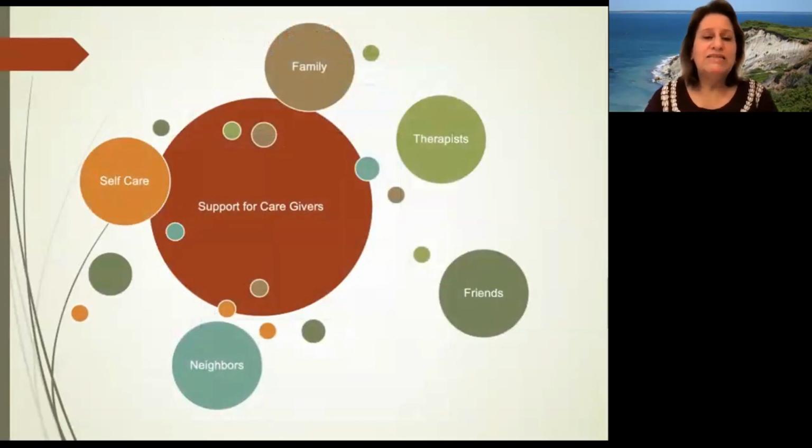Now, one of the things that we don't talk about, that's really not in the original care map, is supporting yourself. As caregivers, we're doing a lot for our kids. Our kids need a lot more attention and support that maybe our neurotypical kids don't need. And so it's so important to take care of yourself, have self-care.